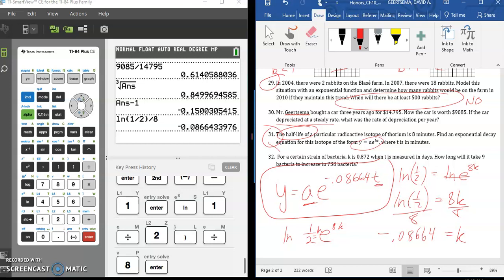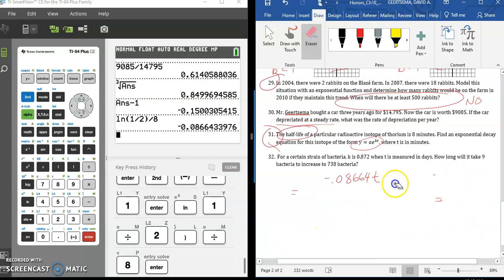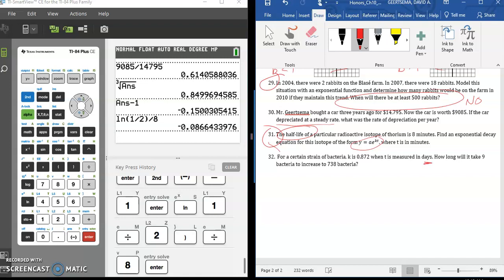And so the final problem, and we are done, guys, is let me erase all of that now. Again, you can always pause this video if you want to go back and see it. My very final problem would be the one for a certain strain of bacteria, k is 0.872. When t is measured in days, if it's in days, then the whole problem will be in days.